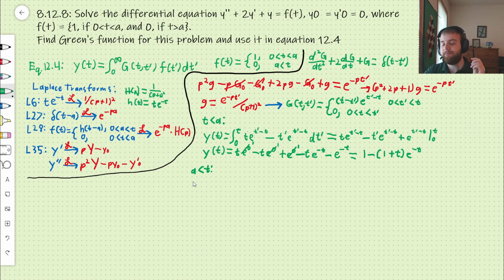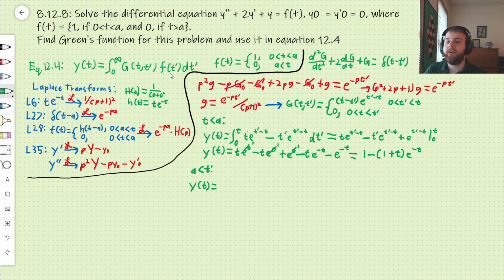So for this one, our integration is also not from 0 to infinity. Our limits of integration are 0.